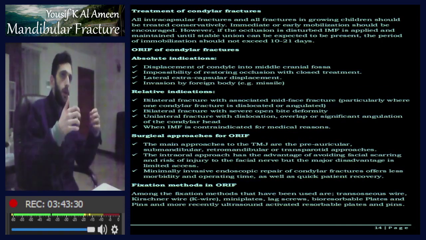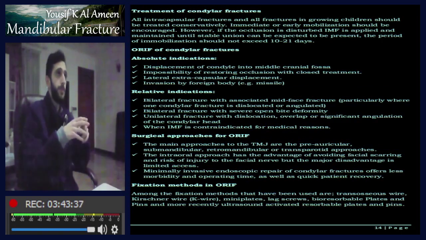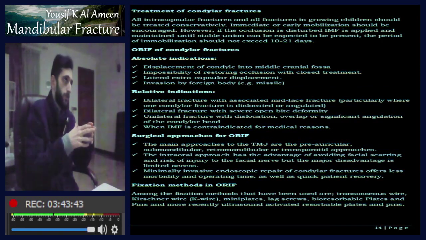Now let's talk about the treatment of the condylar fracture. All intracapsular fractures and all fractures in growing children should be treated conservatively. Immediate or early mobilization should be encouraged.